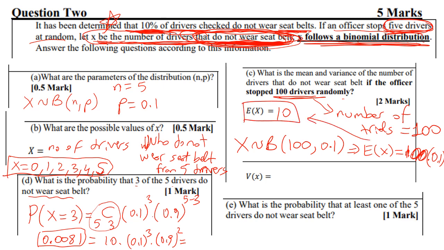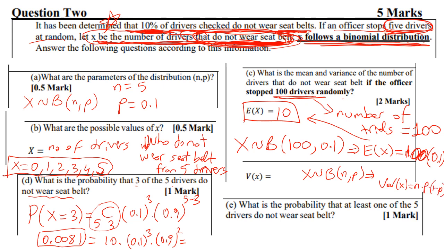Now the variance, and for the variance we have a formula. Let me remind you, if X has a binomial distribution with n and p, then the variance of X is equal to n times p times q, or n times p times 1 minus p.